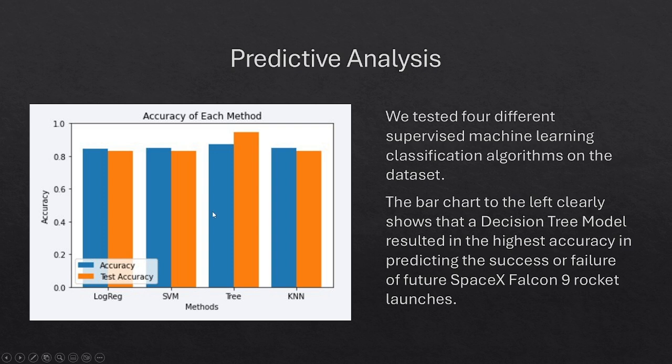I tested a logistic regression model, a support vector model, a decision tree, and a k-nearest neighbors model. It turns out that the decision tree model is the most accurate in predicting the success or failure of future SpaceX Falcon 9 rocket launches on both the test set and the training set.